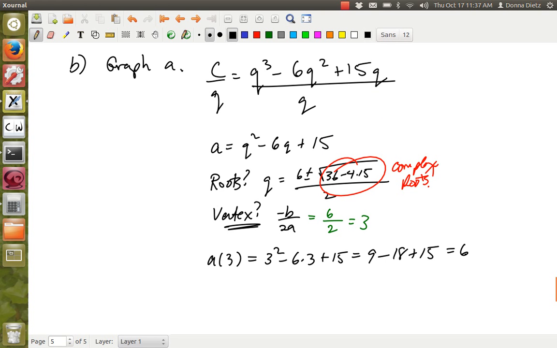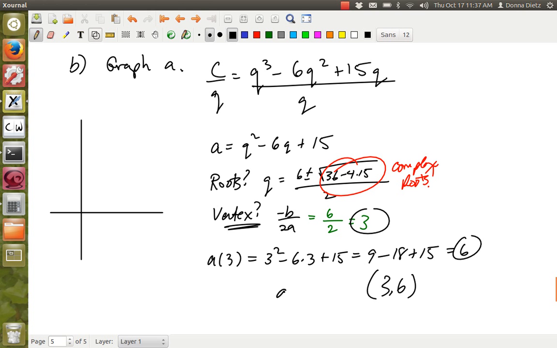So what did it say for us to do? We had to graph A and estimate where A is a min. Well, we know where A is a min. Sorry about that. So (3, 6) is the vertex of A. So 1, 2, 3.